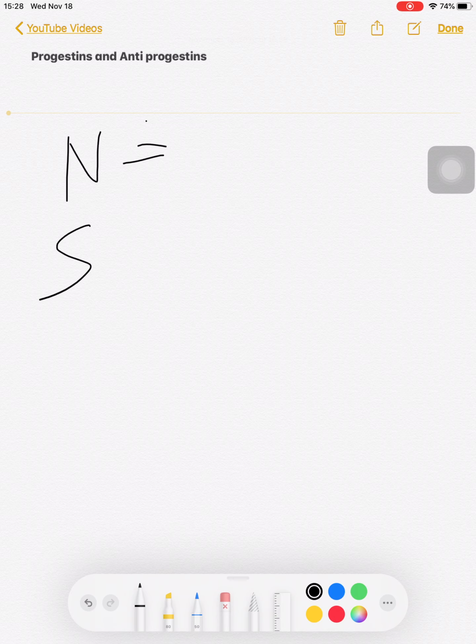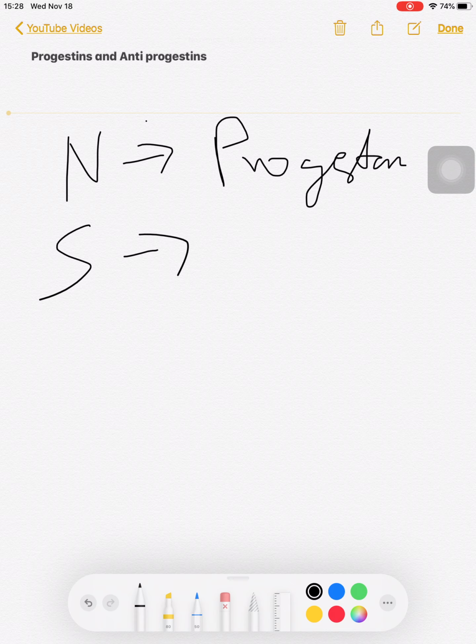Natural is one, progesterone. And among synthetic, there are medroxyprogesterone acetate, MPA. This is the main one.